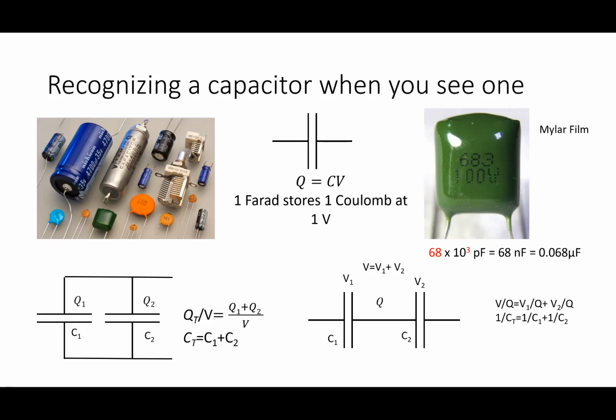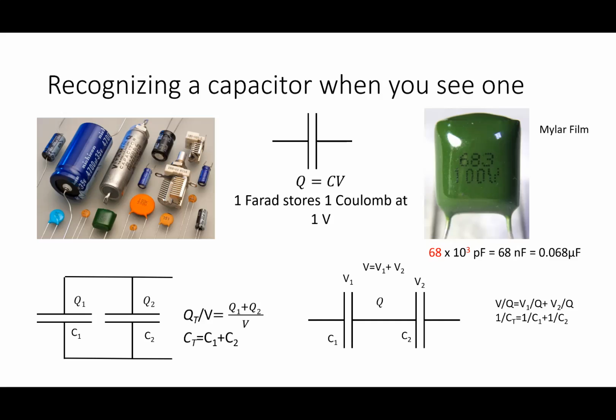A farad is a fundamental unit of capacitance. The defining equation is that the charge stored on a capacitor is equal to the capacitance times the voltage. So the capacitance is the constant of proportionality between the voltage applied across a capacitor and the amount of charge stored on its plates. The charge storage occurs because the two plates are very close to one another.